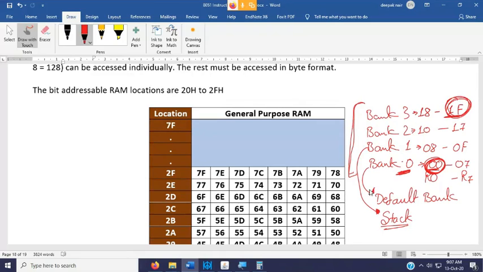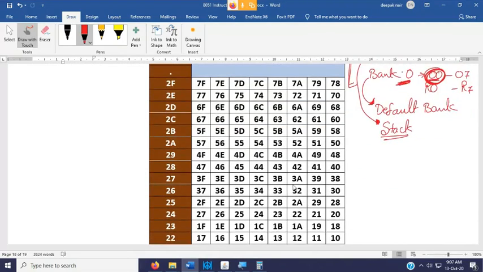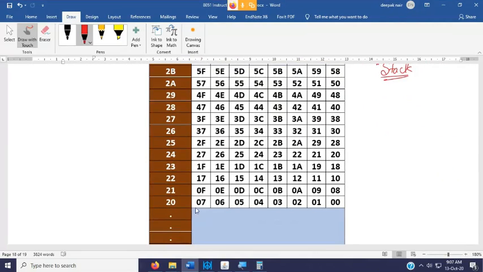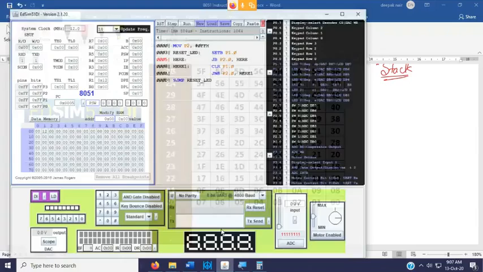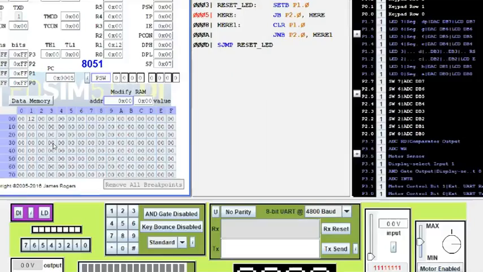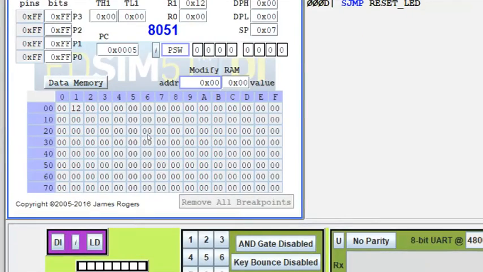Now if I go above 1F, after 1F we will reach 20. You can check it from here also. After 1F, the next address is 20.